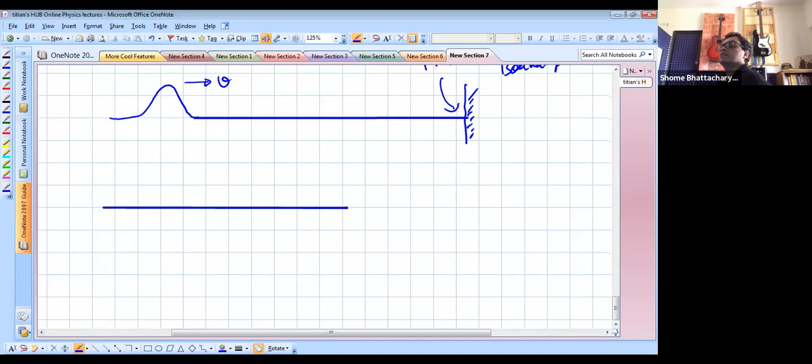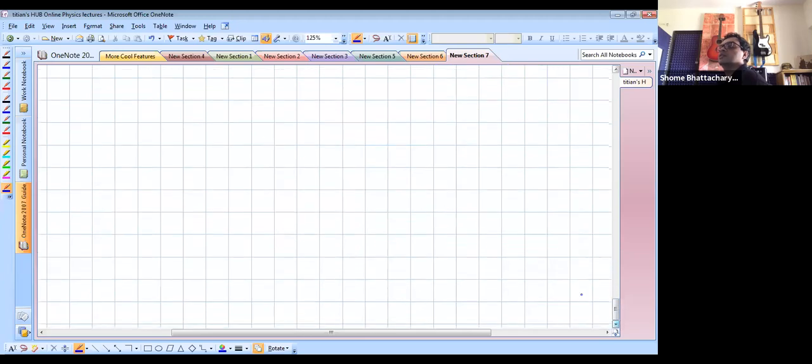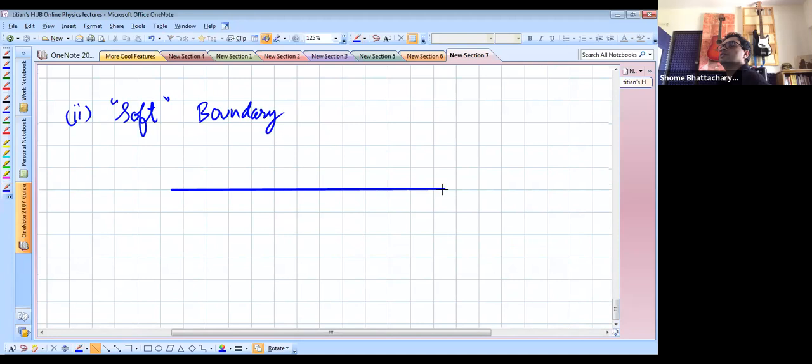The reflected pulse now has an inverted shape like this as it returns. So there is what we call phase inversion when the boundary is rigid, whereas if we have what is called a soft boundary, like this kind of a situation here.